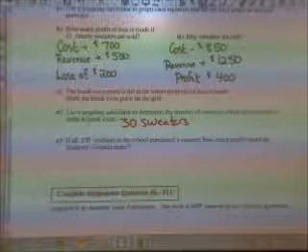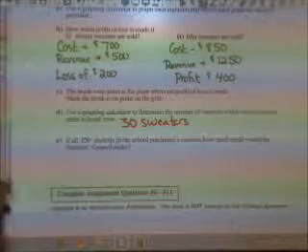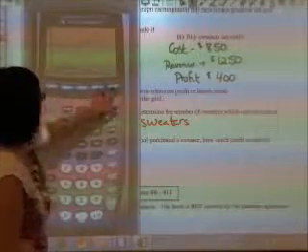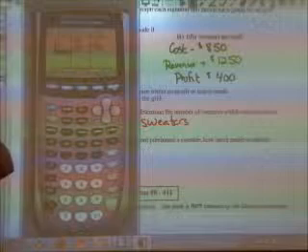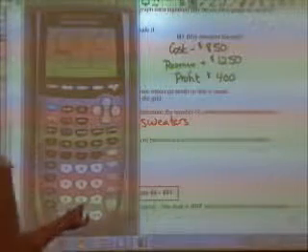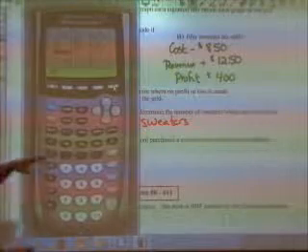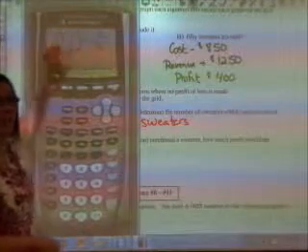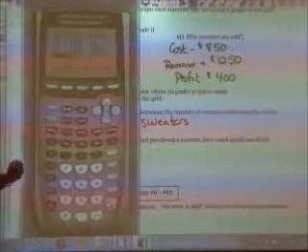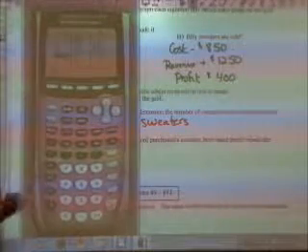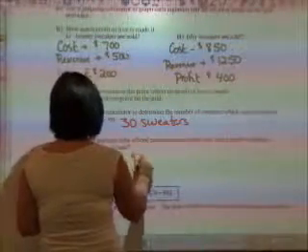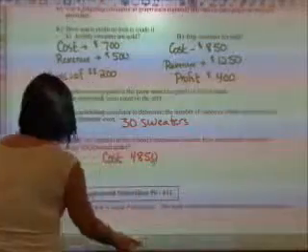And if all 850 students in the school purchase a sweater, how much profit would you make? So what I can do is I can go into my table, because I don't have 850 on my graph. I only go up to 50. So I don't want to extend it that far, so I can use my graphing calculator in the table to help me find that. So 850 gives me $4,850 for the cost. So the cost, $4,850.